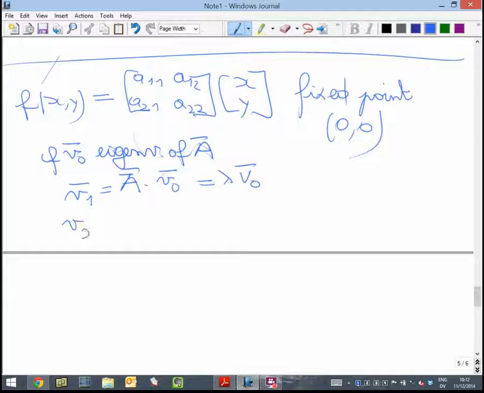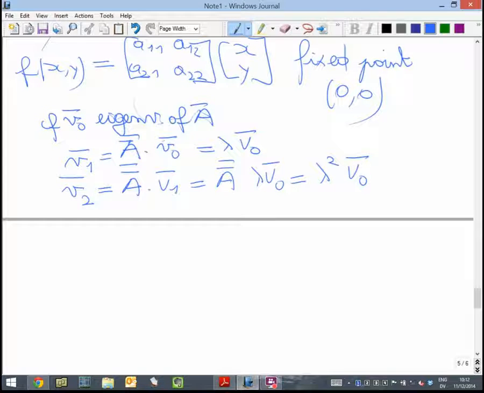And if you apply the map again, you have A times V1, but V1, we knew, was lambda V0. And V0 is of course still an eigenvector of our matrix, so we get lambda squared V0.